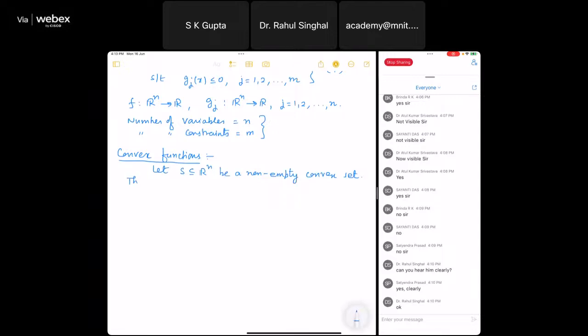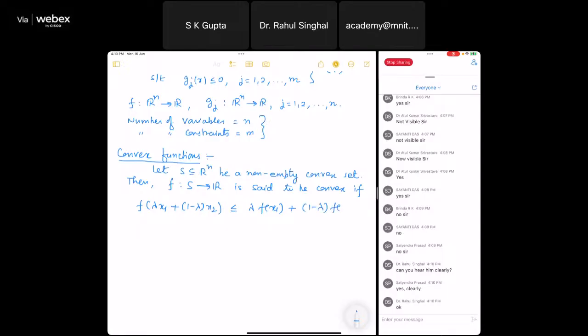Then f from S to R is said to be a convex function if this inequality holds.